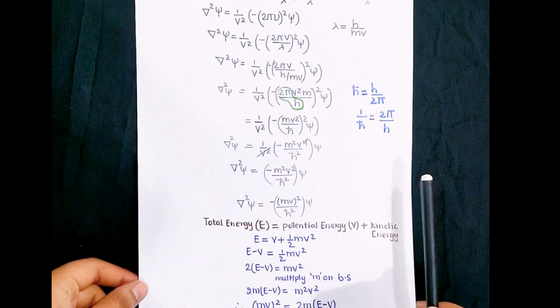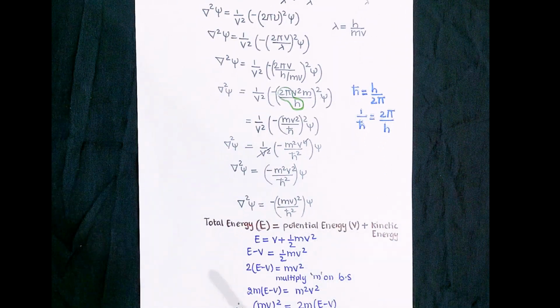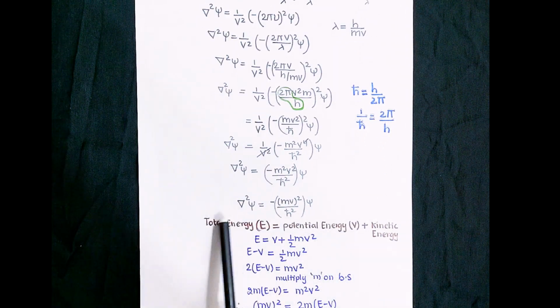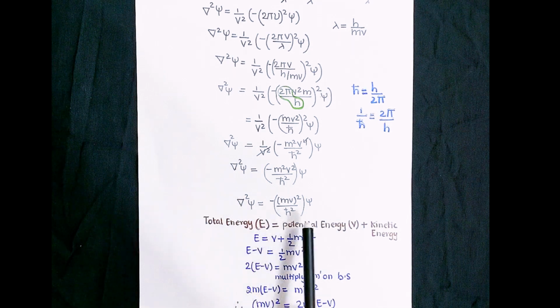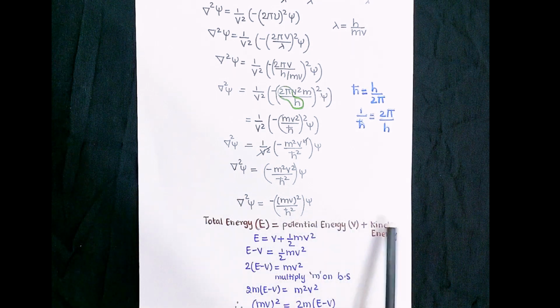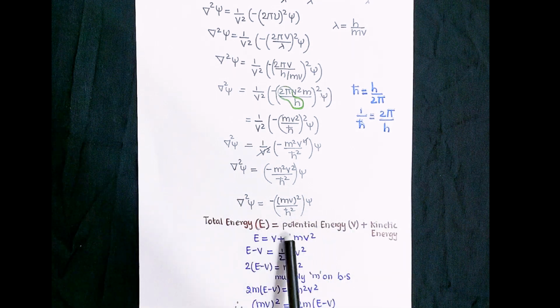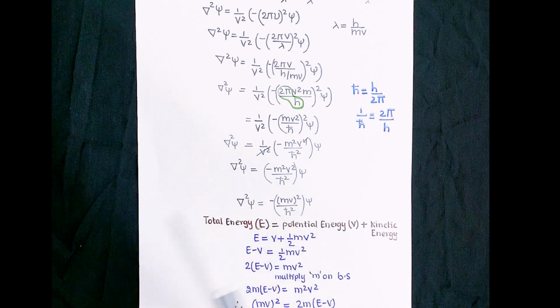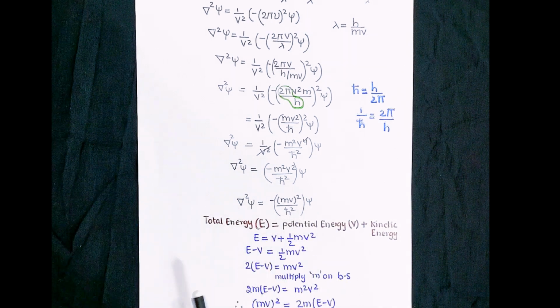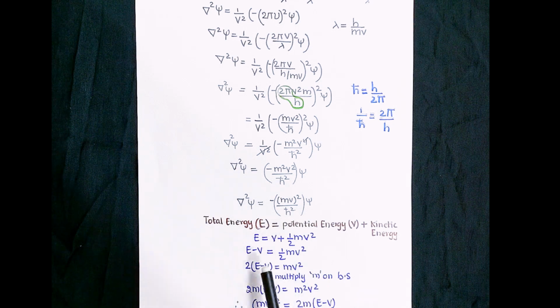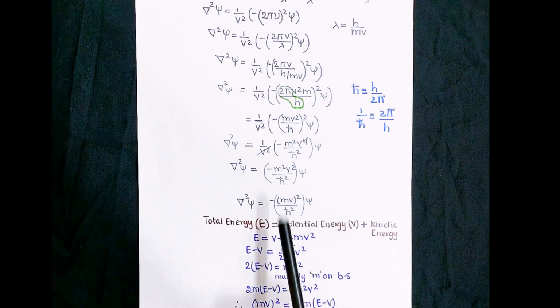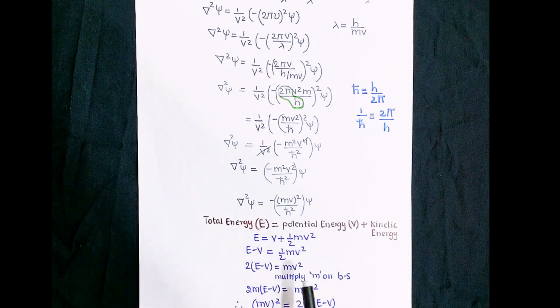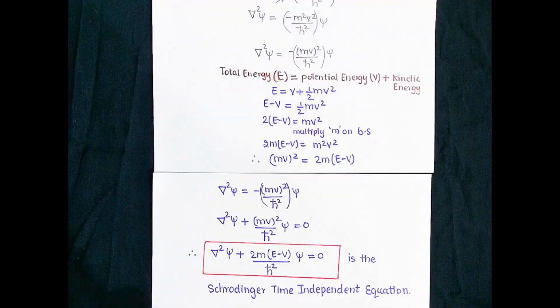Now, as you know, total energy is nothing but potential energy plus kinetic energy. Total energy is represented with E, potential with V, and kinetic energy ½mv². So this going to the left side, we get E − V = ½mv². So 2 is multiplied on the left hand side. Now on multiplying m on both sides, we get (mv)² = 2m(E − V).